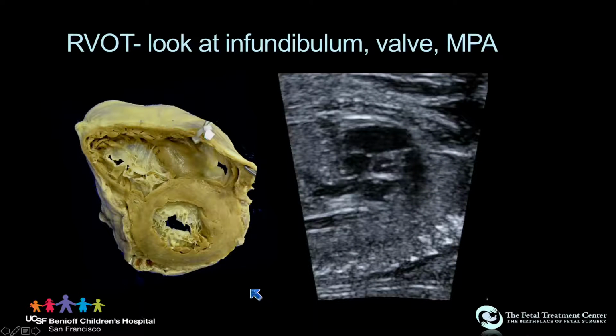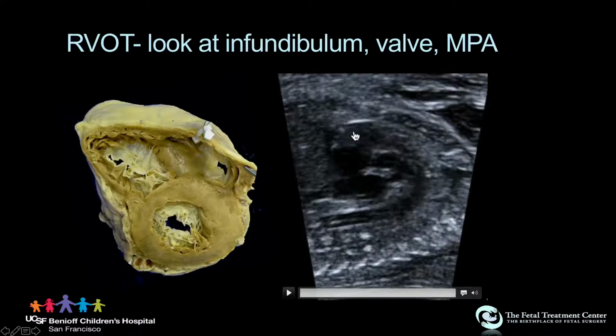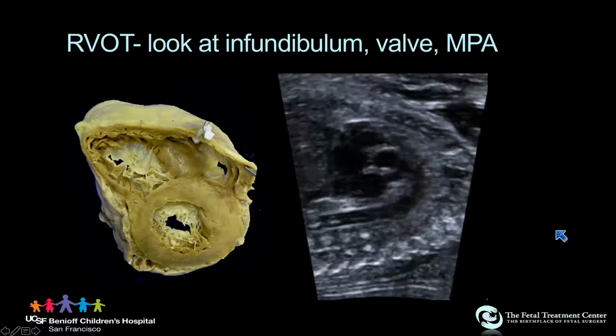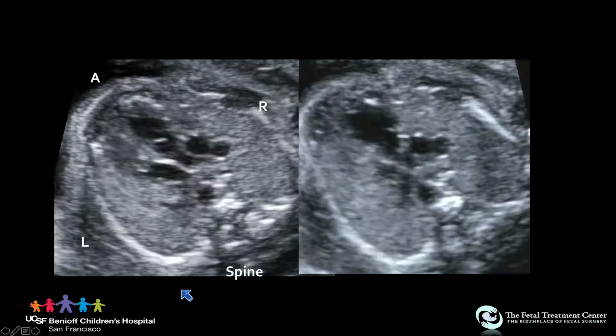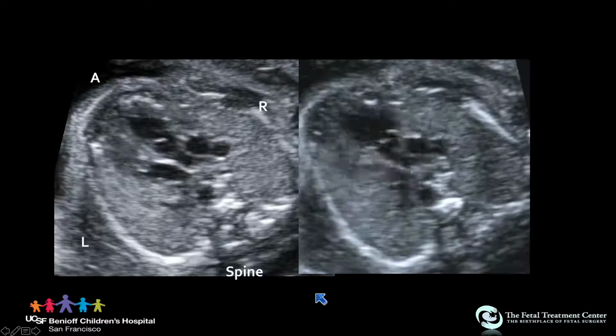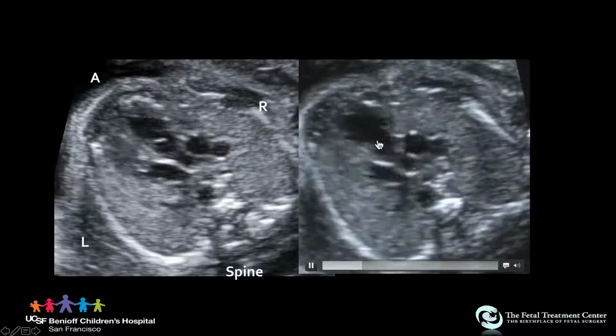So if we're suspecting an outflow problem, we need to look at the infundibulum and the valve and the main pulmonary artery. The way to do this is a combination of sagittal imaging as well as axial scanning, looking at the right ventricular outflow. Here's the pulmonary valve.